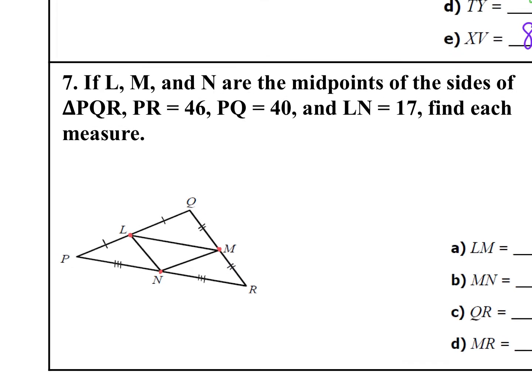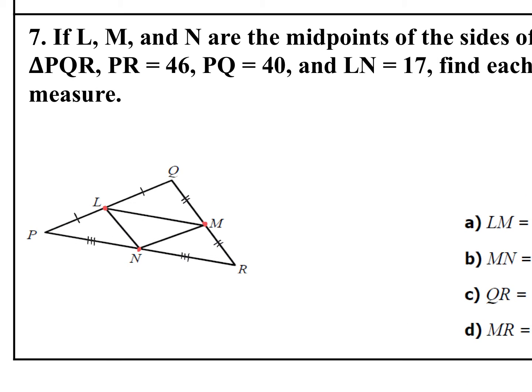Okay, so now let's go ahead and label our information that is given to us. Let me get a different color. Let's do pink. Okay, so we have that PR equals 46.